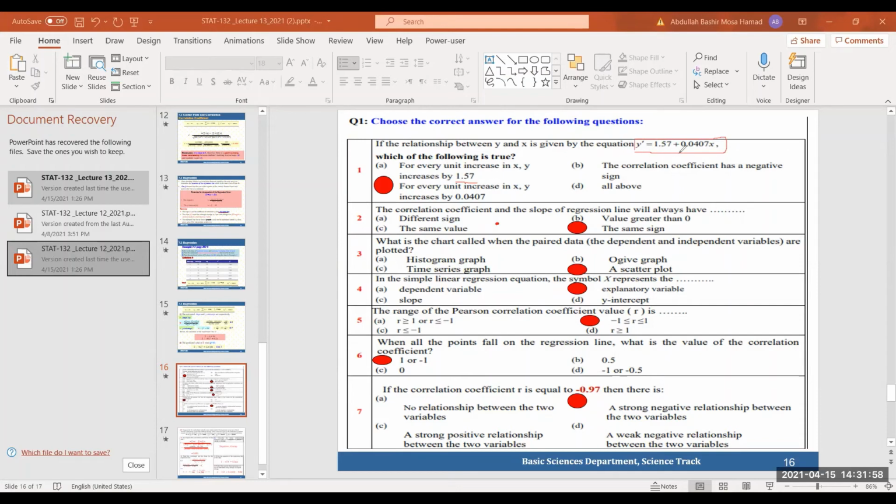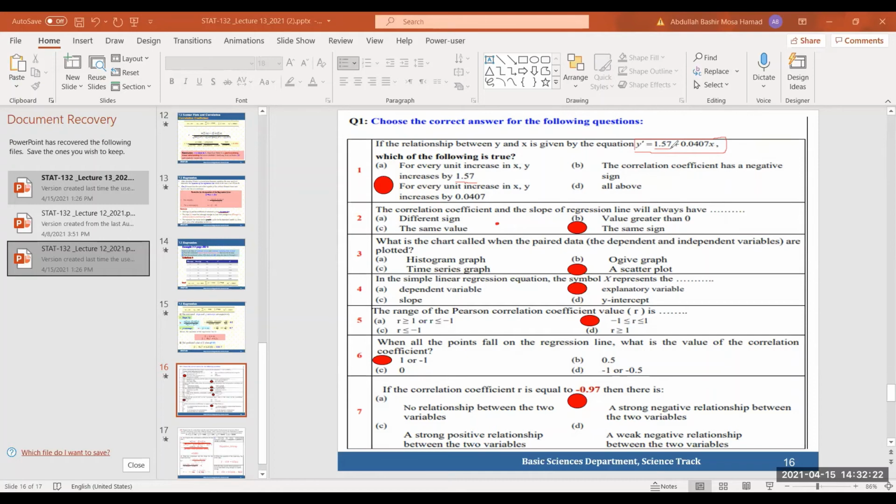Let's see. If we increase x by 1, then y will increase by, okay, if x equals 0, y equals 1.57, right?